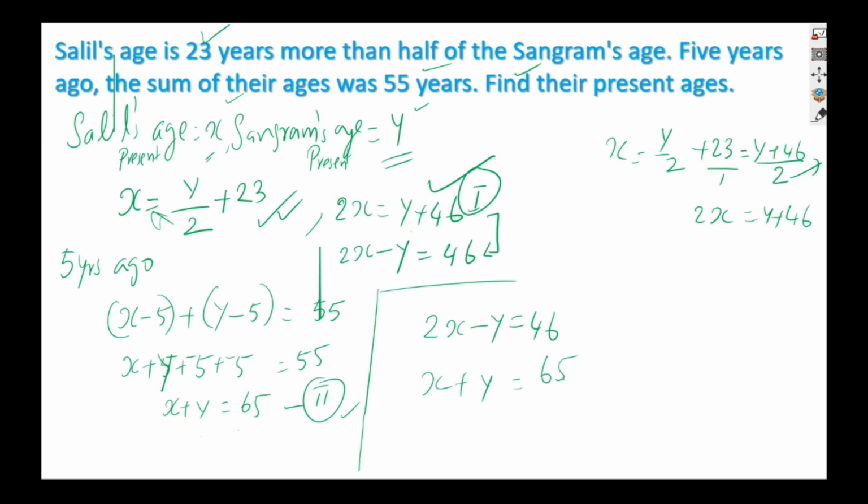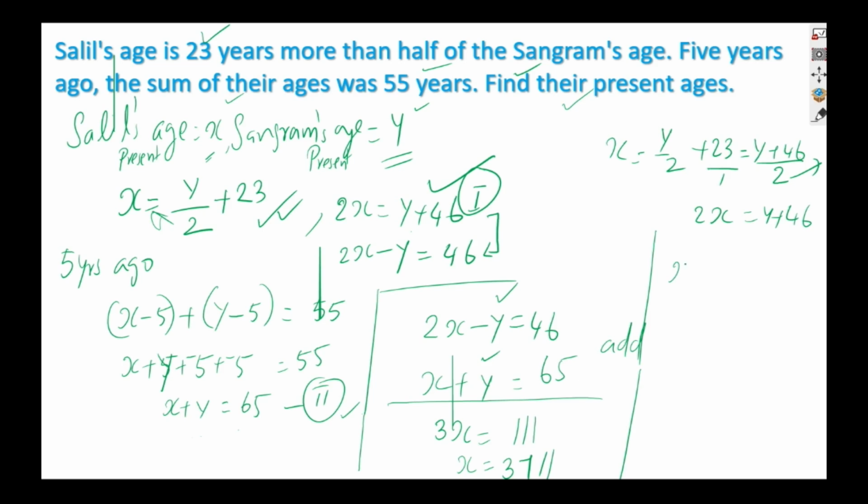Now to eliminate y, we can simply add. So we add those equations and we get 3x is equal to 111, and x is equal to 37. We got one part. Once we get x, it is easy to get y also, and the equation will help us solve that.